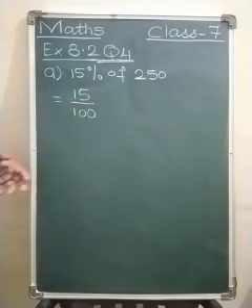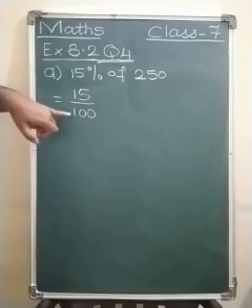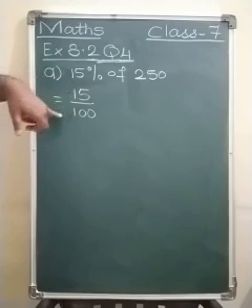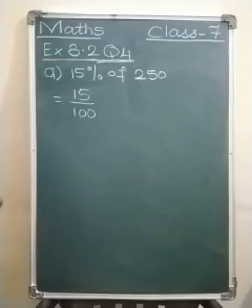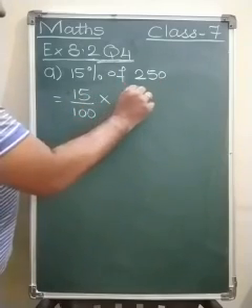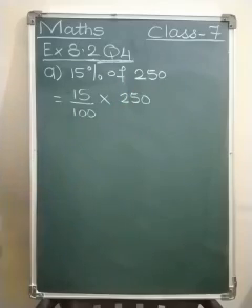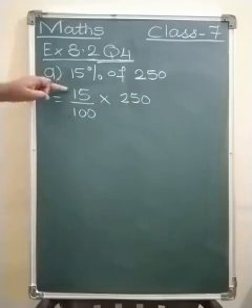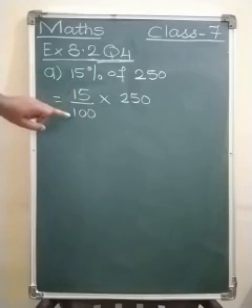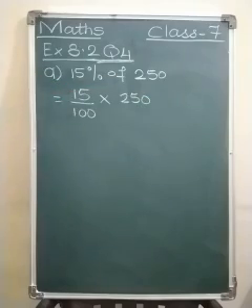Okay, how are we going to simplify? 15% means out of 100, 15. Simple. This is the simplest meaning. When of comes, we give a multiplication sign, and this is 250. Done. 15% of 250 is nothing but 15 upon 100 multiplied by 250.